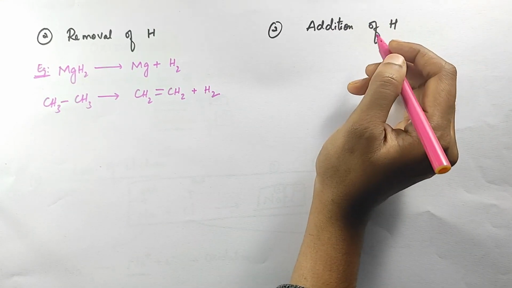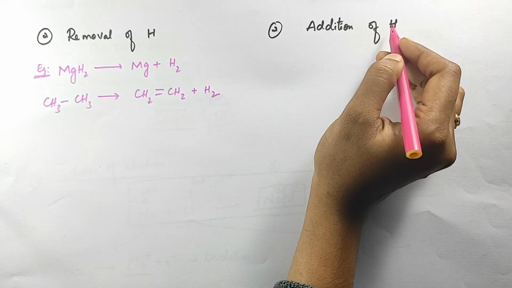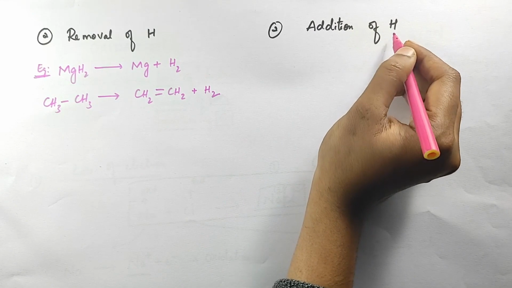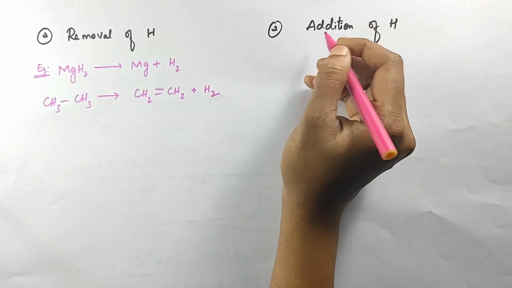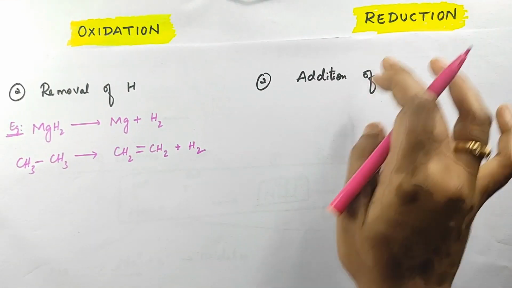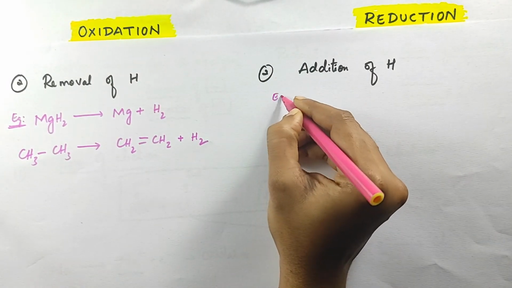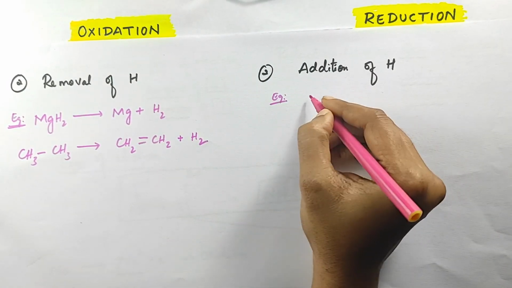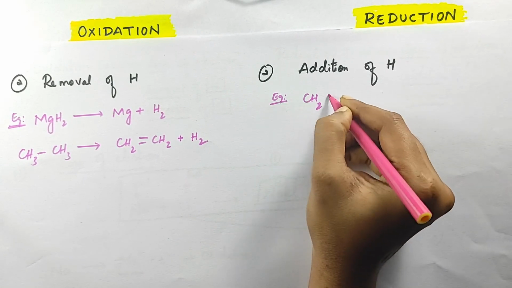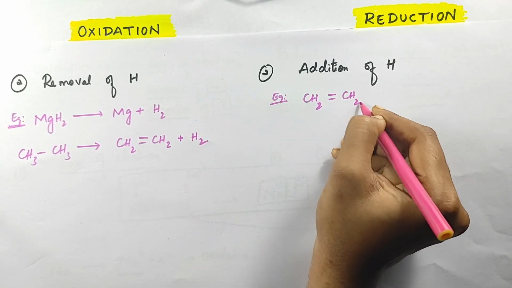Addition of hydrogen is called reduction. The example is CH2 double bond CH2.